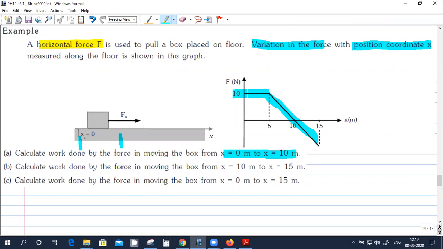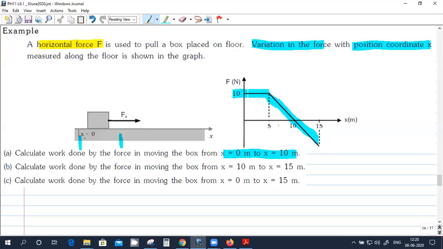No, sir, it is not 50 for that, it is 75. How did you find the work done? I just calculated the area under the graph. So from 0 to 10, it is 50 plus half into base, 50, 25, right? So 75.